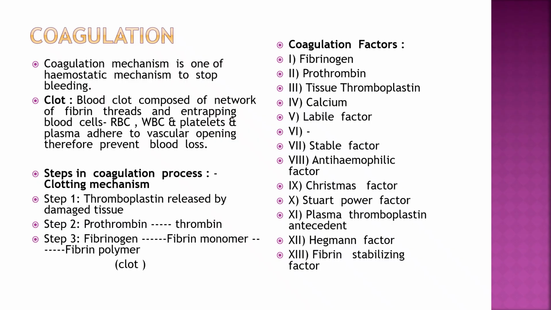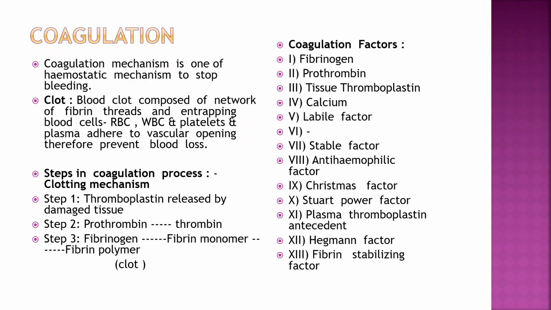So now what are the steps? There are mainly 3 steps. After the damage of the vascular tissue, thromboplastin is released. So thromboplastin converts prothrombin into thrombin, then thrombin converts fibrinogen into fibrin, and then fibrin monomer forms fibrin polymer when they all come together, and then with the cells it forms clots.